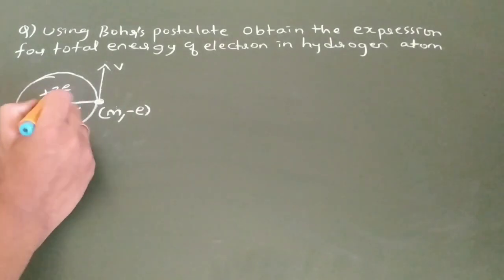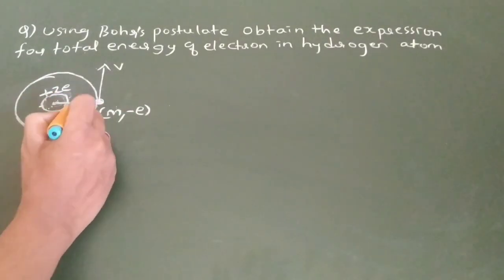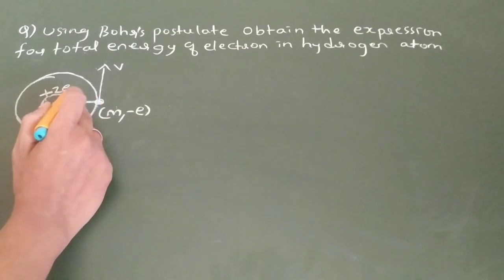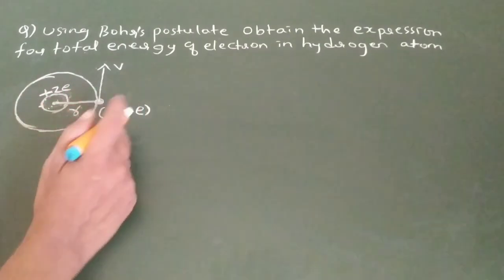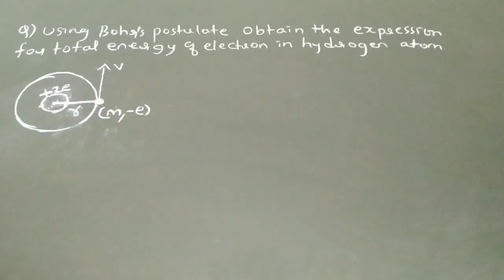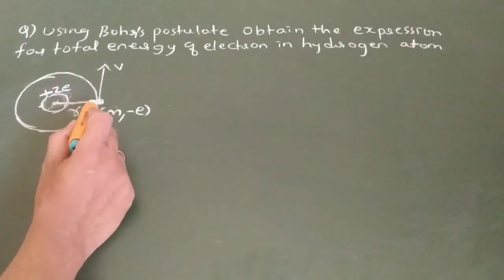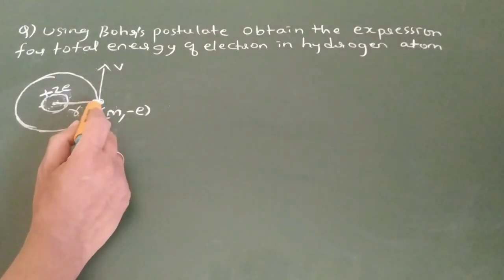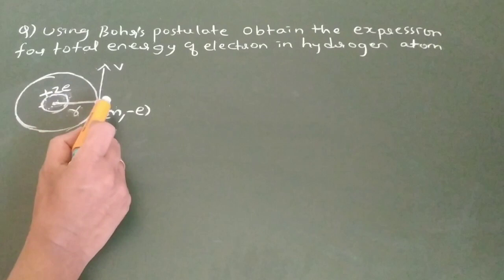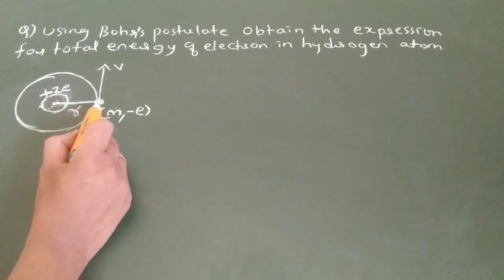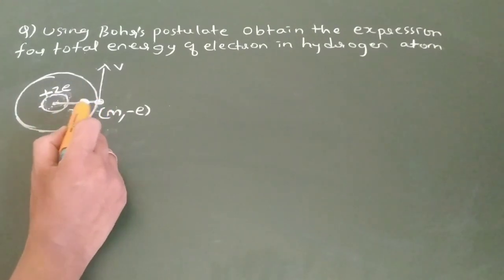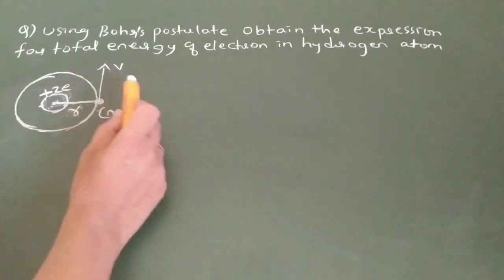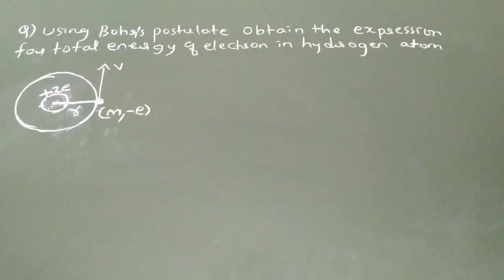Now, what I am going to find is the energy of an electron in the nth orbit. I am trying to find the total energy of an electron. Since it is making a revolution, the electron must have certain energy, and all the orbits don't have the same energy.